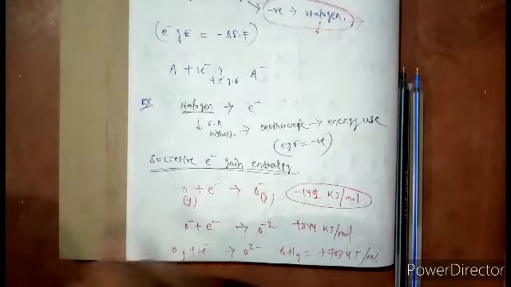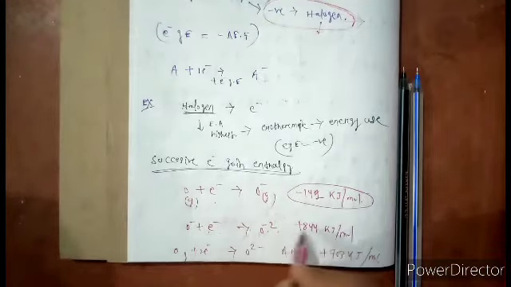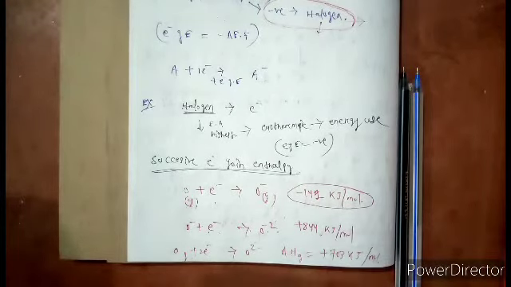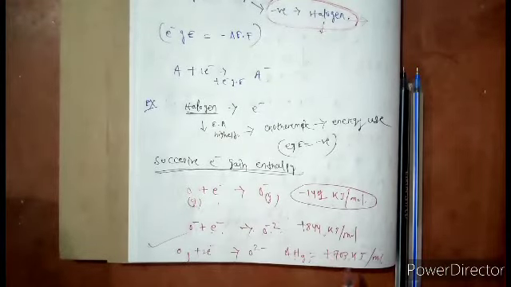But after O minus, if we give another electron, it comes to O 2 minus, that is 844 kilojoule per mole. So if we directly give 2 electrons, delta H, that is the change in enthalpy, is plus 703 kilojoule per mole. So here we conclude that the first electron gain enthalpy is less than the second electron gain enthalpy.